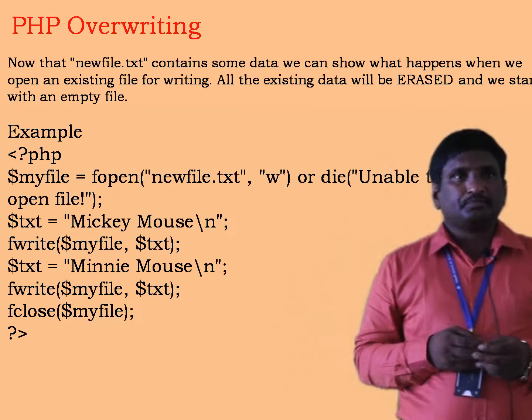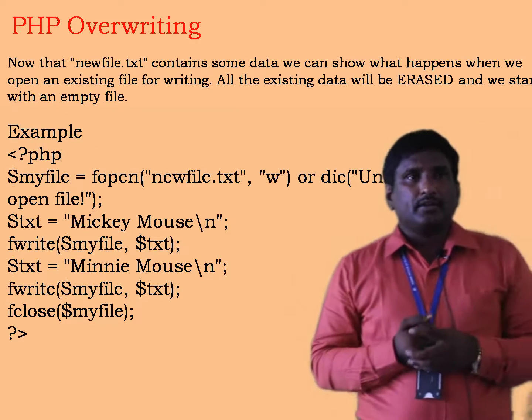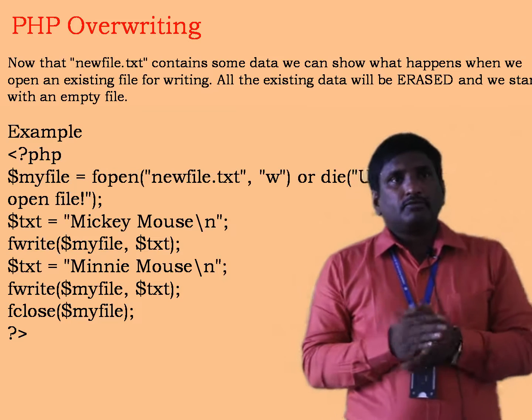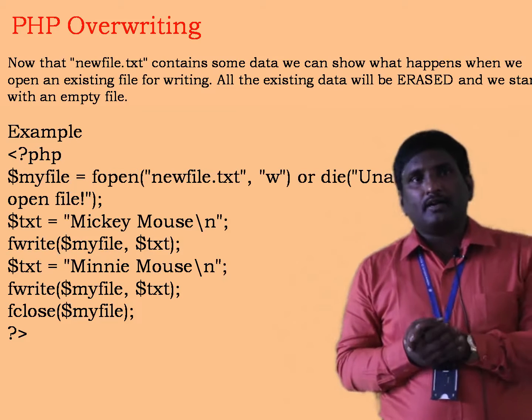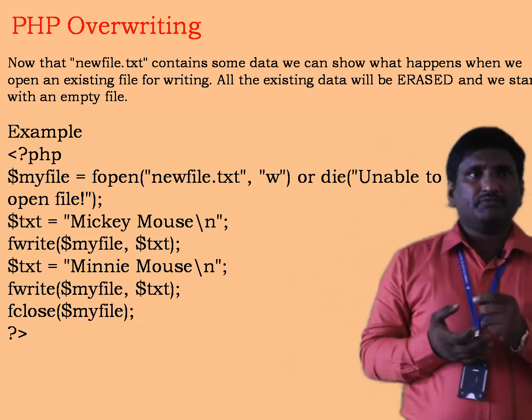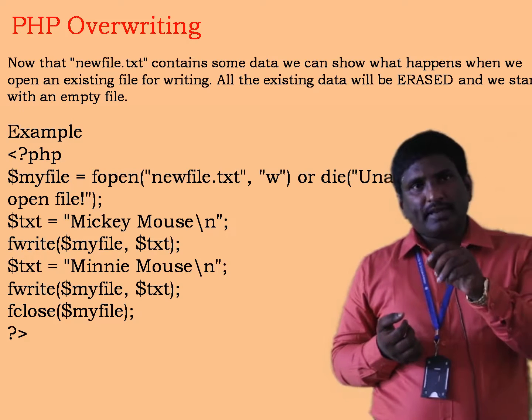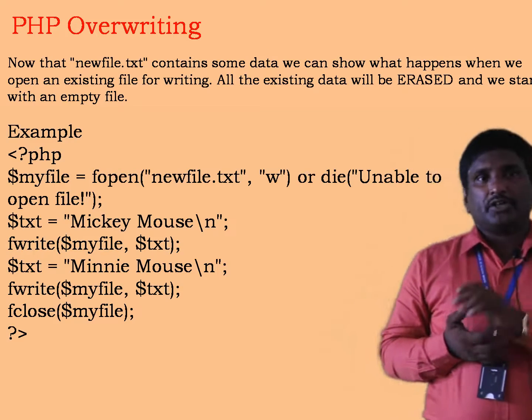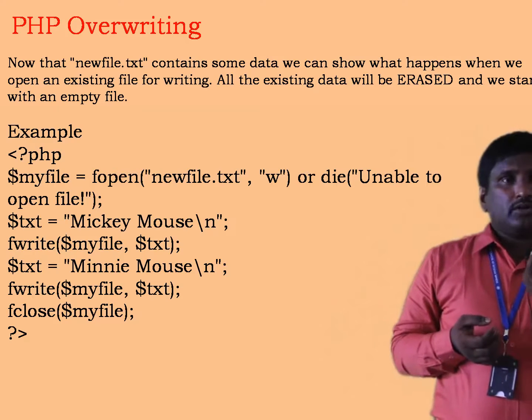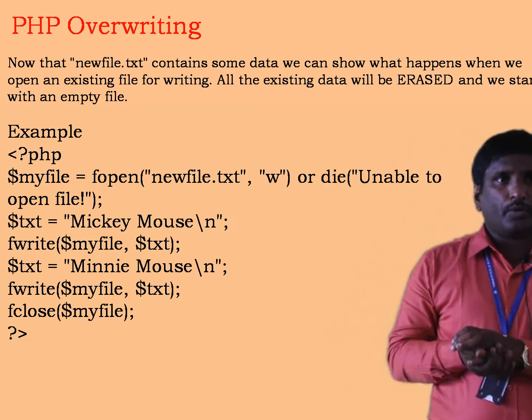Next, PHP overwriting. Now that newfile.txt contains some data, we can show what happens when we open an existing file for writing. All the existing data is erased and we start with an empty file. This is the overwriting example.